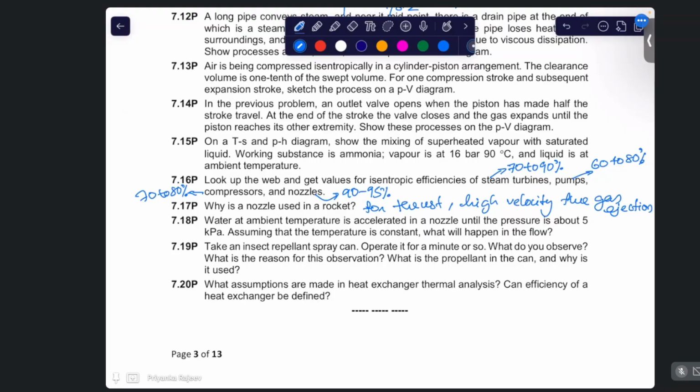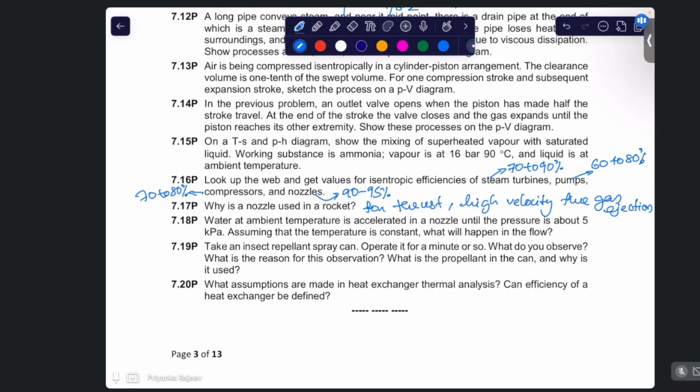Now, water at ambient temperature is accelerated in a nozzle until the pressure is about 5 kilopascal. Assuming temperature is constant, what will happen in the flow? If you truly reduce pressure on liquid water to around 5 kilopascal, the saturation temperature is going to be around 30° plus. That is what is shown in the data.